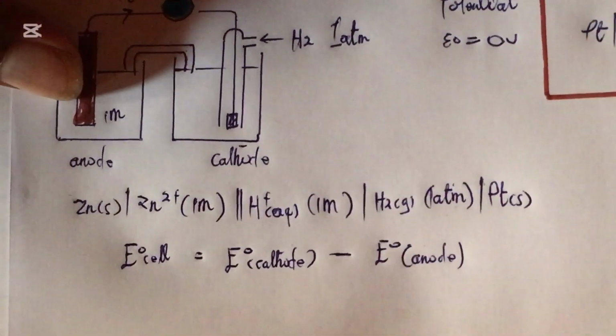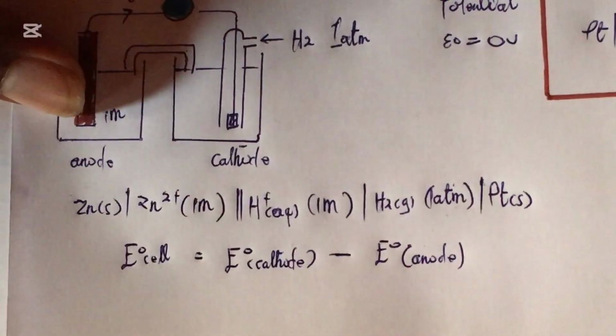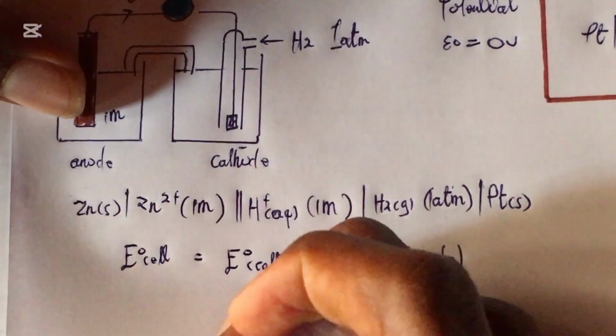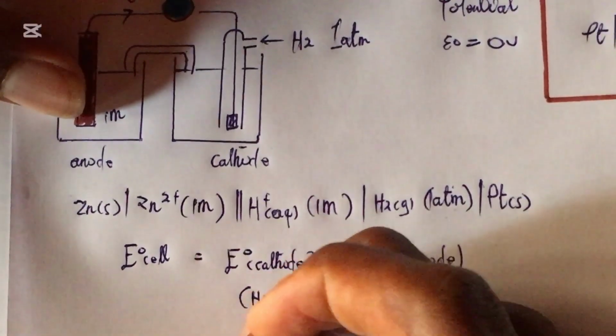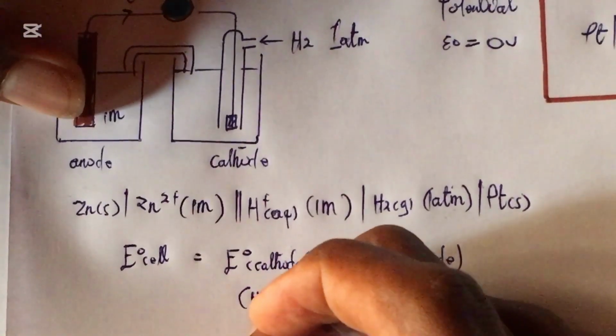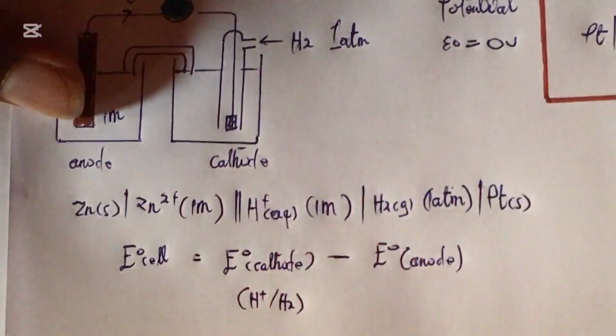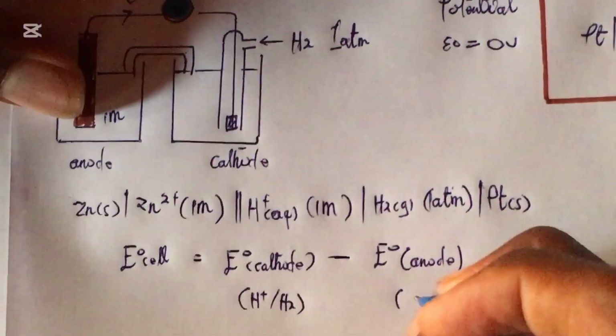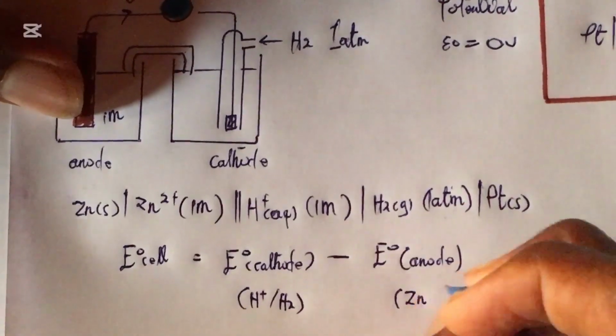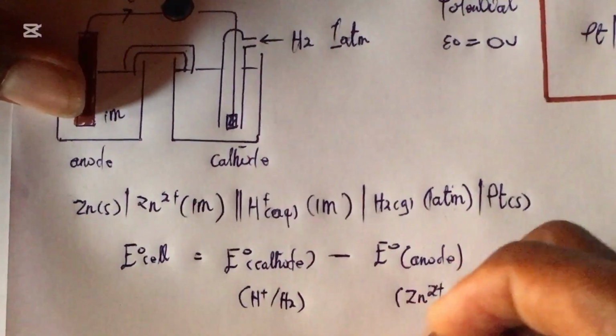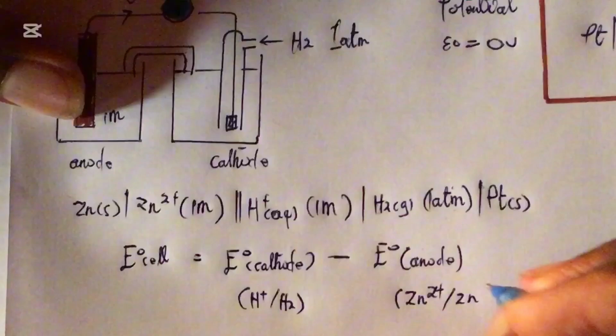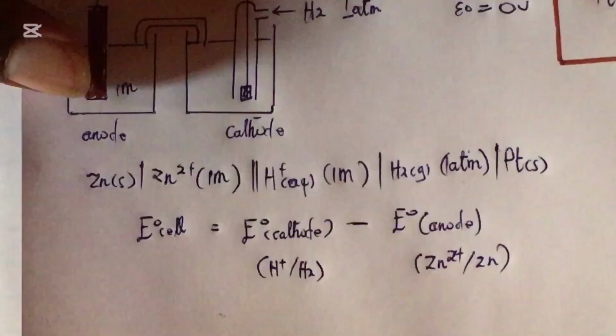If you know this formula, what is happening at the cathode side? At the cathode side, we have our H plus, then our H2, and at the anode side, we have our zinc 2 plus, then our zinc solid. So this is how you go by it.